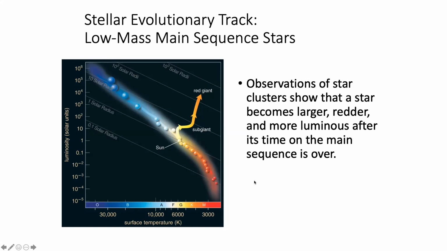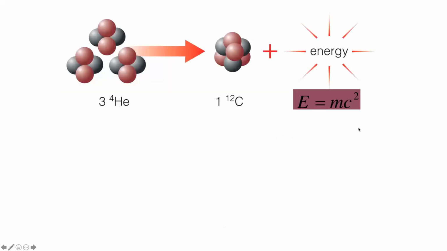And so we're going to delve into the next stages of a star. We talked about the proton-proton chain reaction, the main mechanism by which main sequence stars fuse hydrogen into helium in their cores.